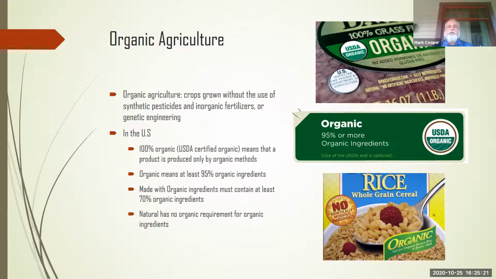Organic often just means 95% of the ingredients are organic, so there can be some other things that aren't grown without pesticides. And then made with organic ingredients means that it has to be at least 70%. And then you'll see the term natural, and natural just means nothing.